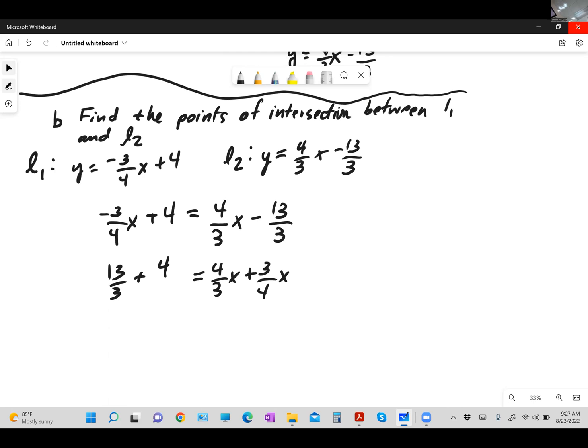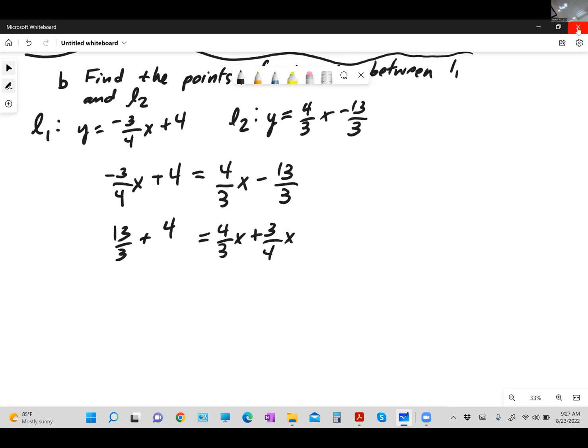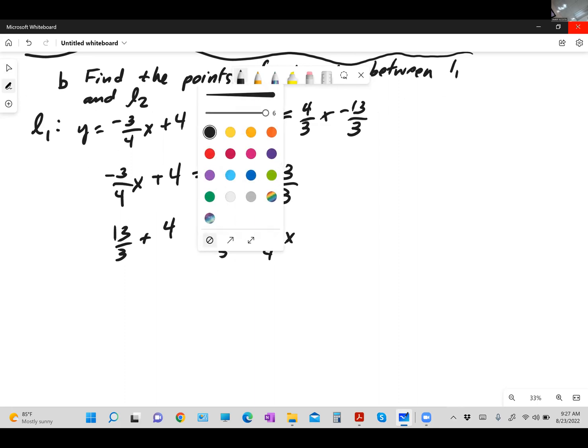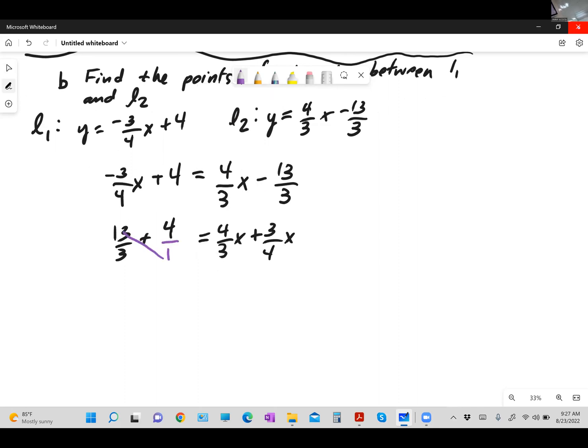And do you want to do crisscross happy face once again? I guess so. I'm going to use a purple this time. So, criss, cross, happy face.